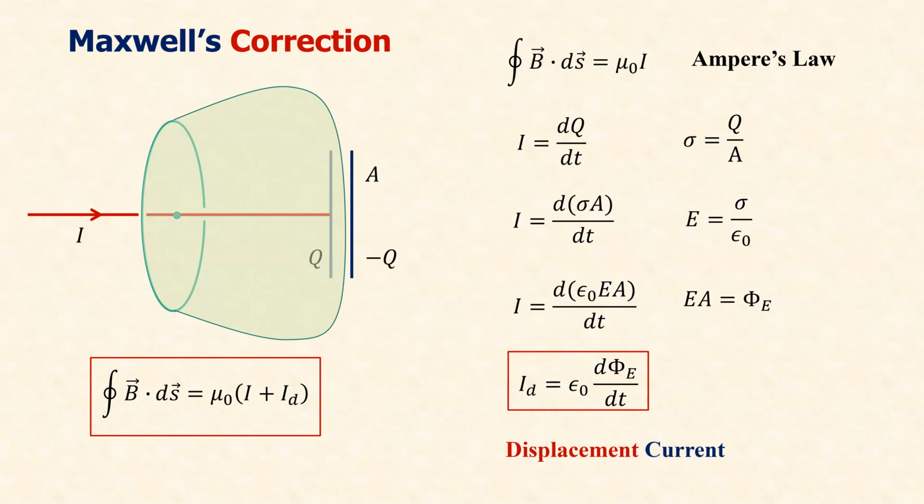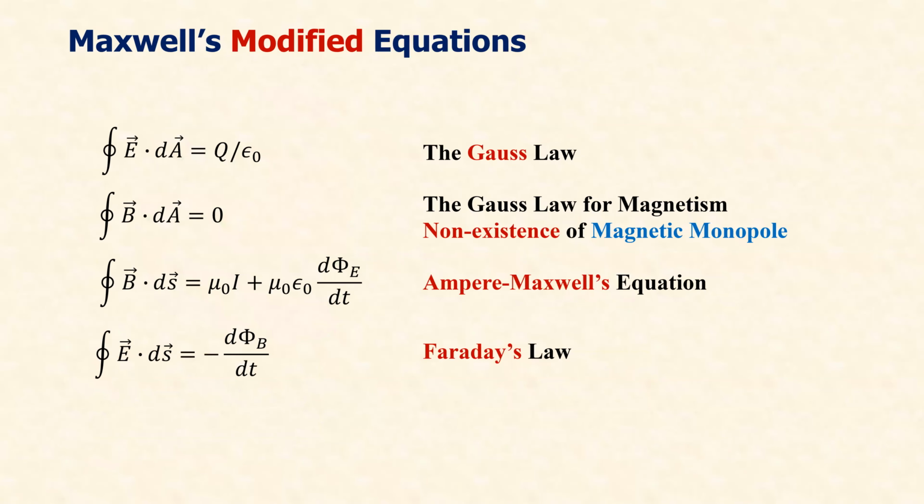This is called the Ampere-Maxwell equation, because it is the combined work of Ampere and Maxwell. So now, if you look at the equations that we know now, this term is in it. This part was Ampere's law, but Maxwell added this term, and now we have this.